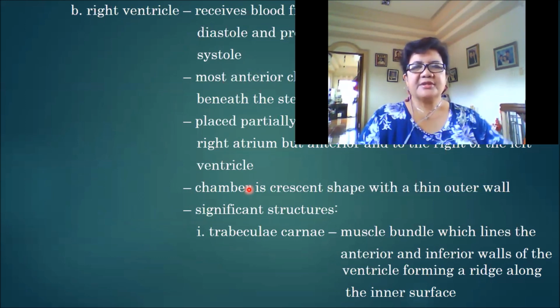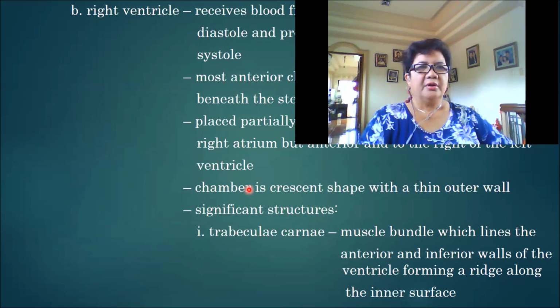The chamber is crescent-shaped with a thin outer wall. The right ventricle has a thinner outer wall compared to the left ventricle.